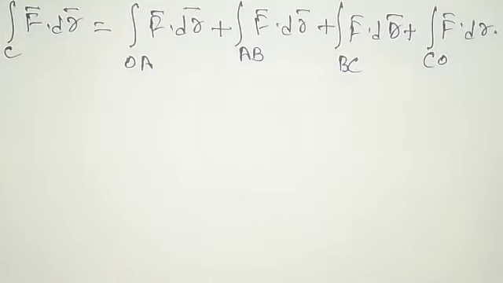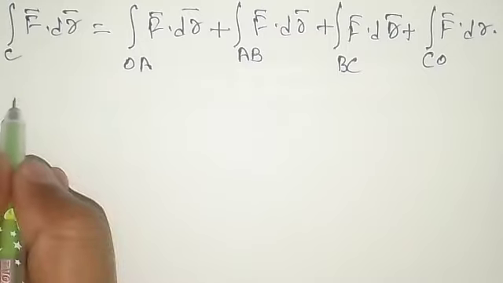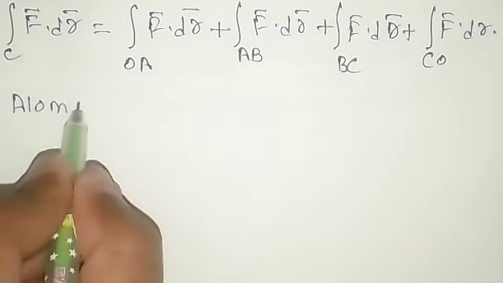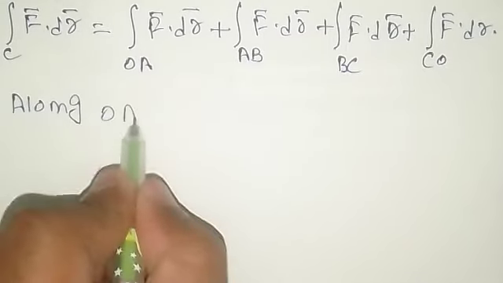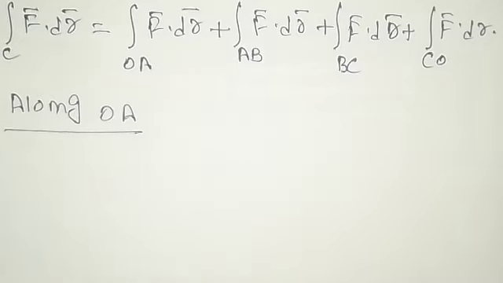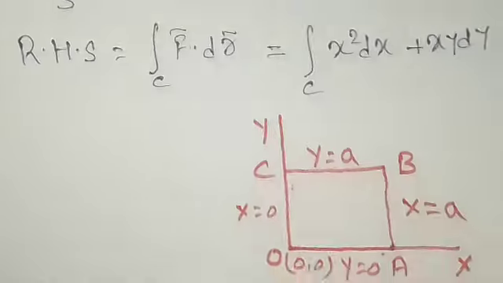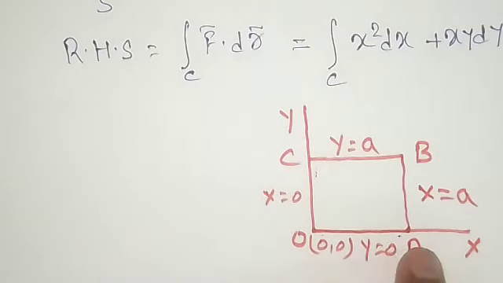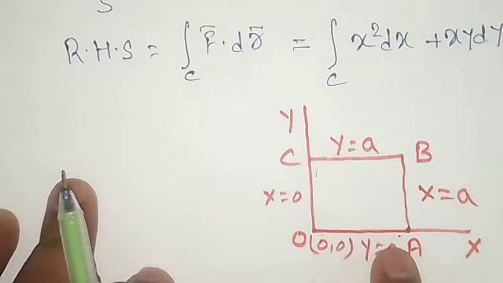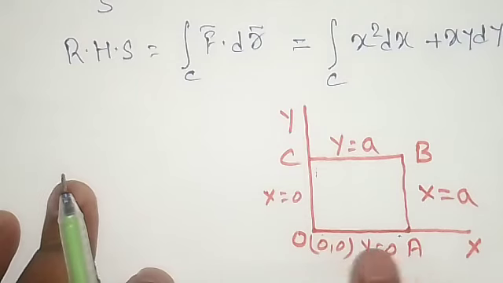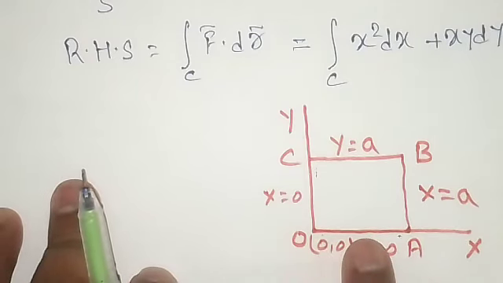So first we'll go for OA. If you look at that schematic representation of how we represented the square, this is your OA line, right? So on OA the y is equal to 0, is it or not? As y is equal to 0, its differentiation dy will also be 0.